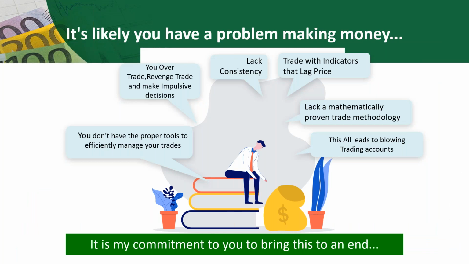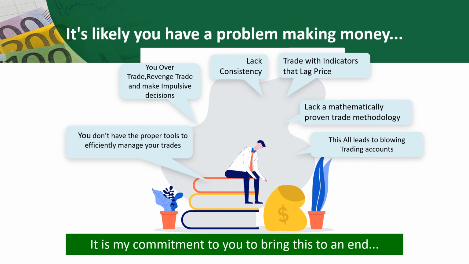So it's likely you have a problem making money. Otherwise, you probably wouldn't even be here. We have a couple hundred people here, and the problem you have making money is that you don't have the proper tools to efficiently manage your trades. You overtrade, you revenge trade, you make impulsive decisions, you lack consistency, you trade with indicators that lag price.